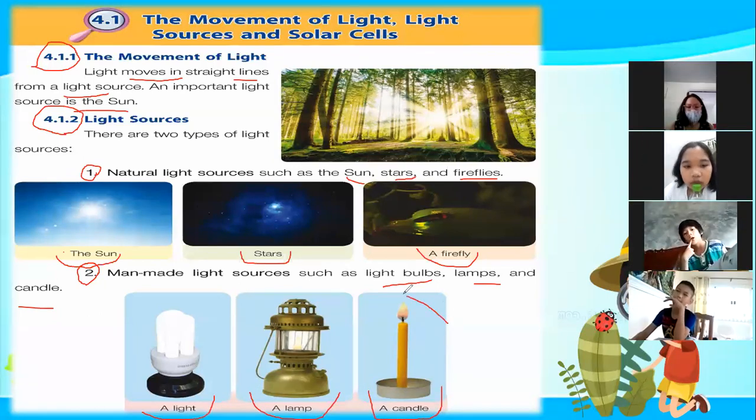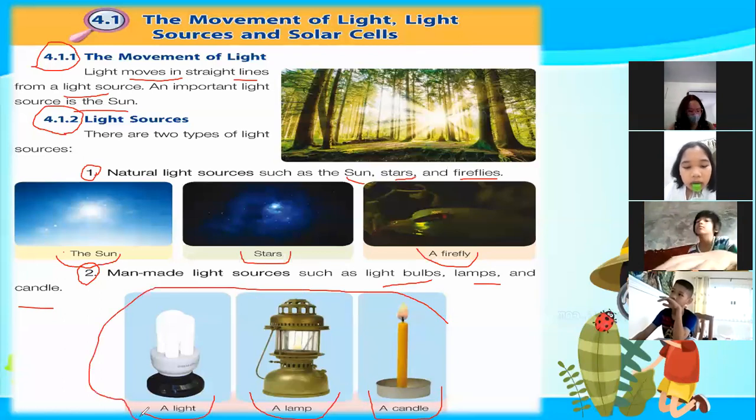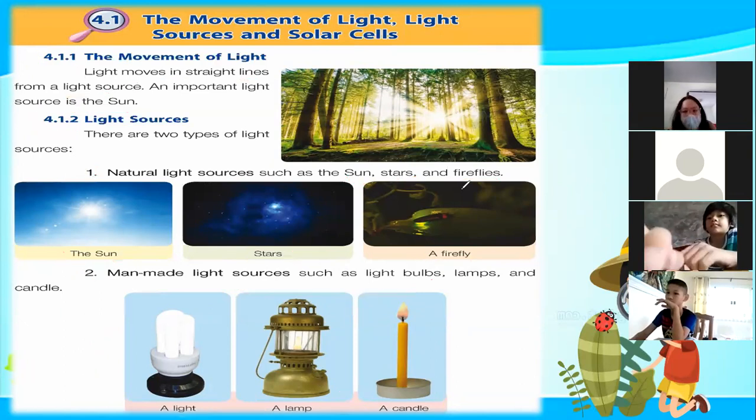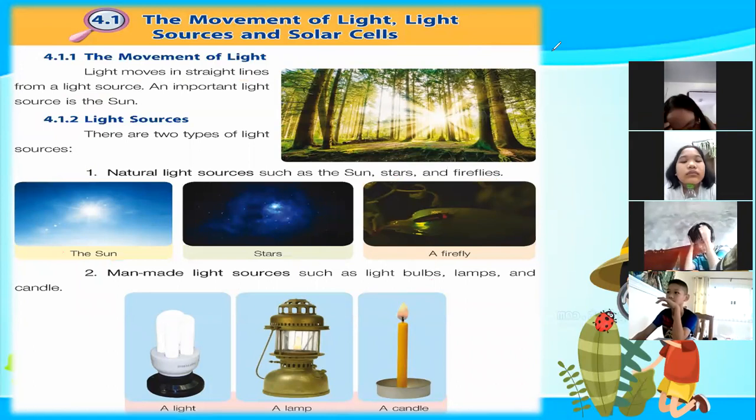These are created by humans, so these are the secondary sources of light. Okay, students, do you understand? First of all, we have to remember that light moves in a straight line from the light source.